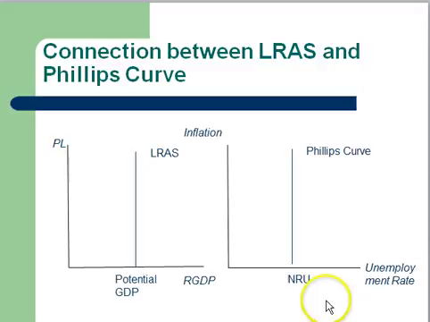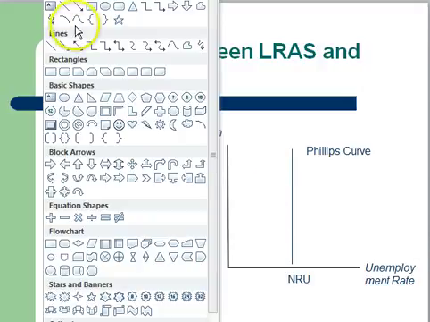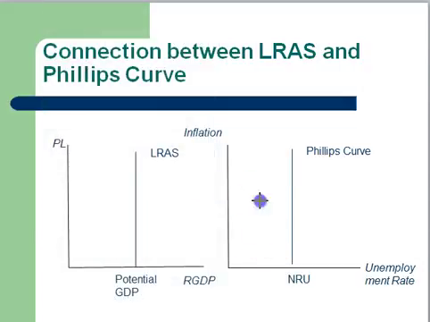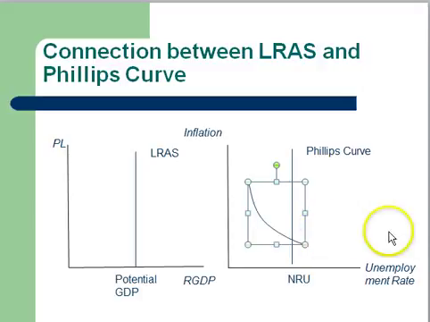And then our Phillips curve. Notice that on the vertical we have inflation, and on the horizontal we have the unemployment rate, and our Phillips curve is a downward sloping curve. It would be bowl shaped, so it curves inward, like this if we were to actually plot it, but we're not going to worry about that right now.